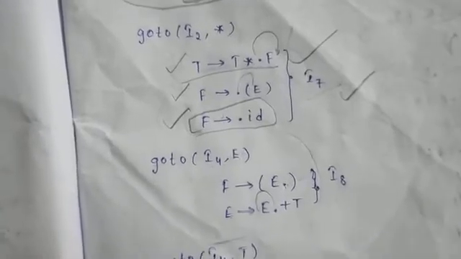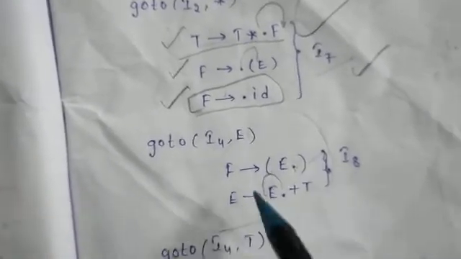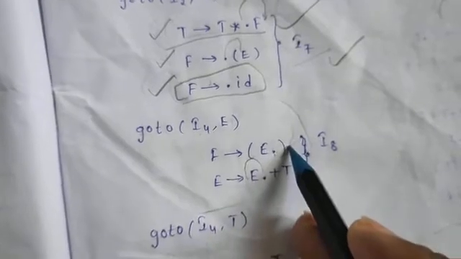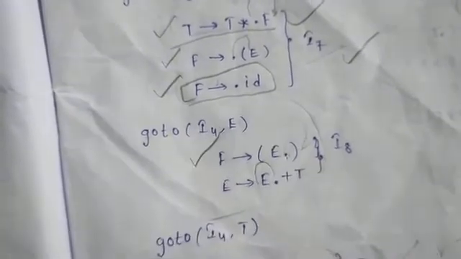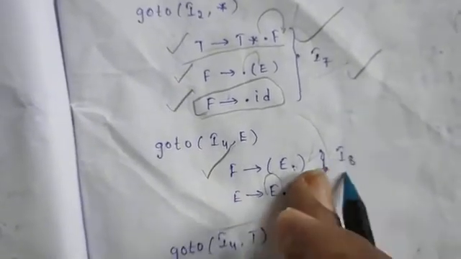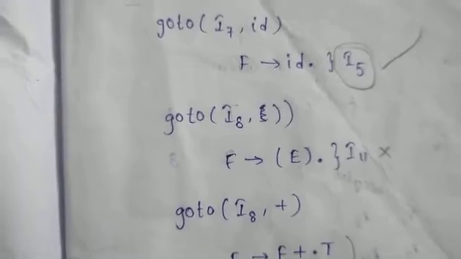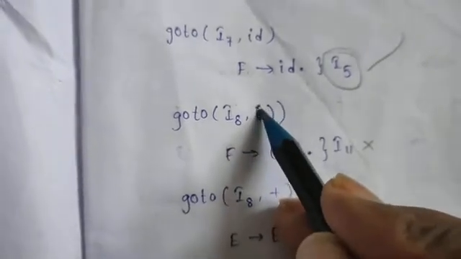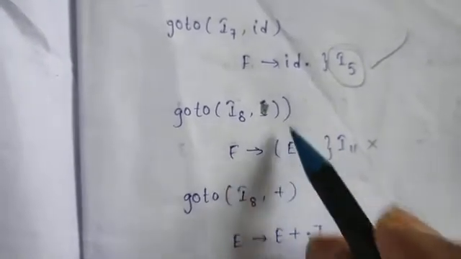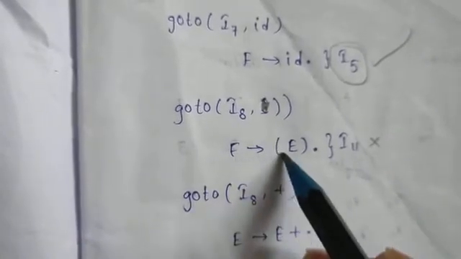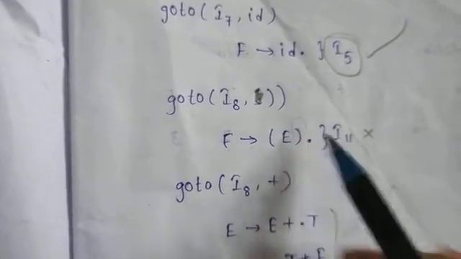Then we'll go for I8. Here the dot will be moving on closed braces. Okay, now we are taking this one. The state is I8, so then we'll place it as I8. Goto I8. Here the dot is moving on closed braces. For that reason F tends to open braces E closed braces dot. The dot is moving from here to here.